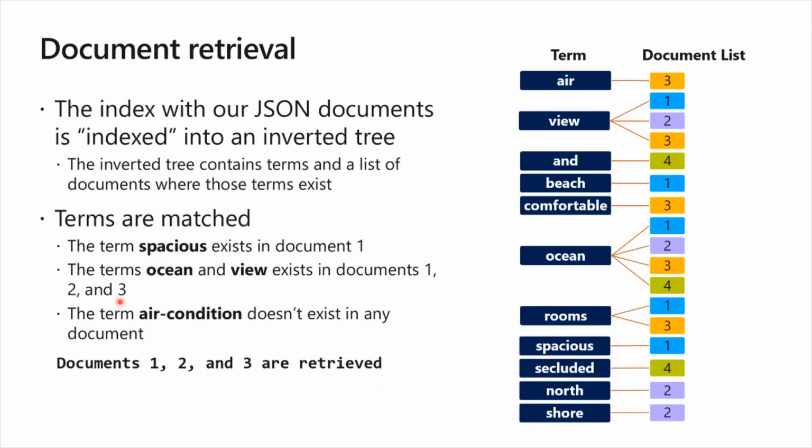Document retrieval. Document retrieval refers to finding documents with matching terms in the index. During query execution, individual queries are executed against the searchable fields independently. The term query spacious matches document one, like Cosmos, Contours or suites here.